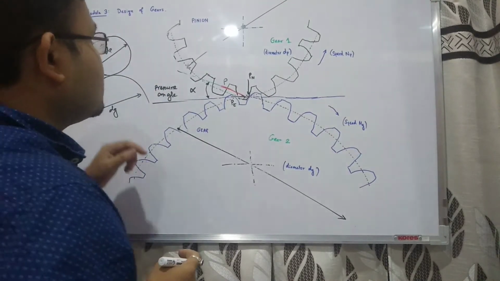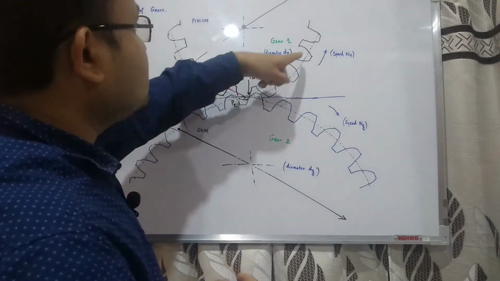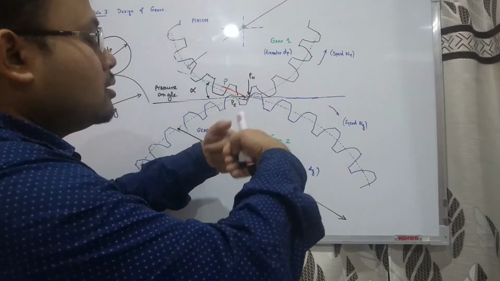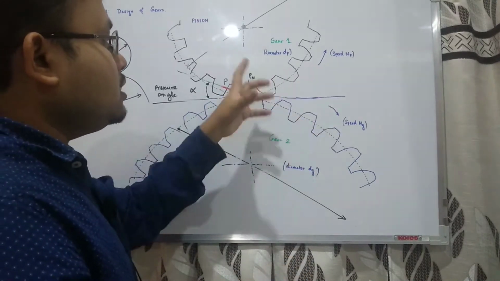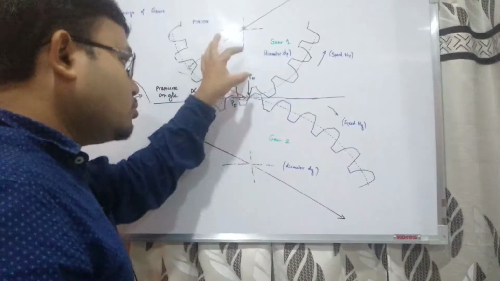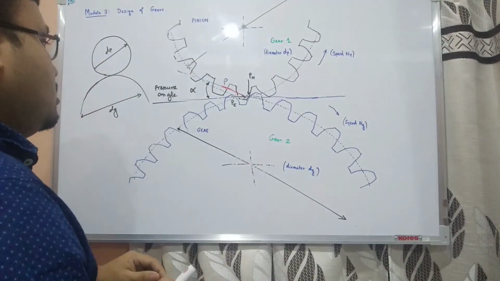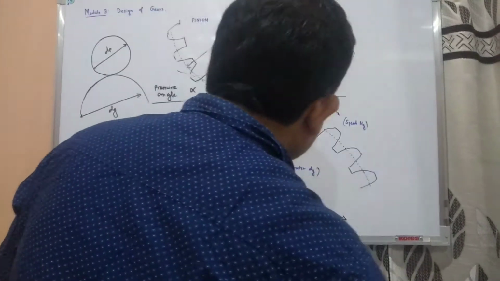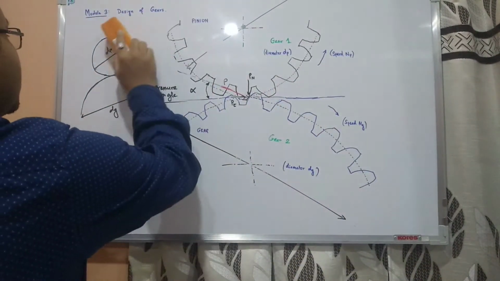You can say it's an imaginary circle drawn for both the gears, where they purely roll upon each other and their speeds will be equivalent, and the other values also will be the same.